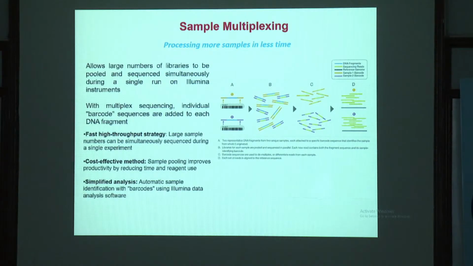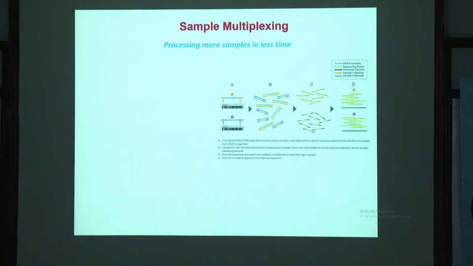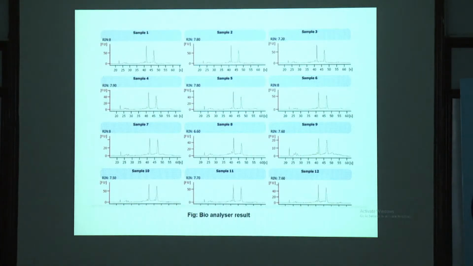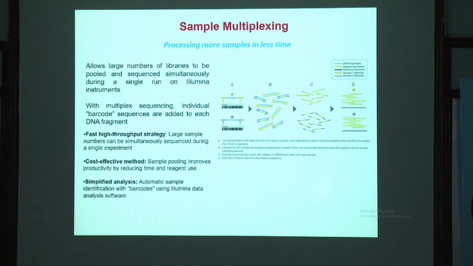You have made the library of everything and extracted, but when you are going to run all the samples in one channel, how will you identify this is your sample and this is my sample? So multiplexing is simply pooling of many samples, and you can run them in a single lane.